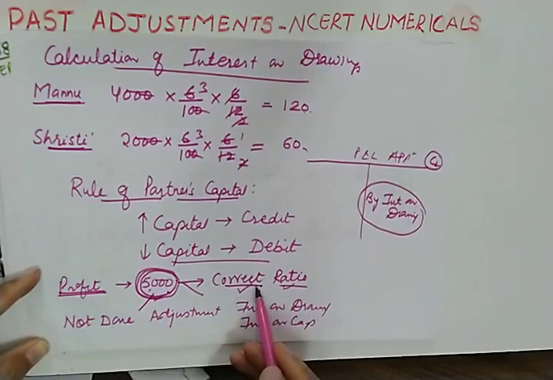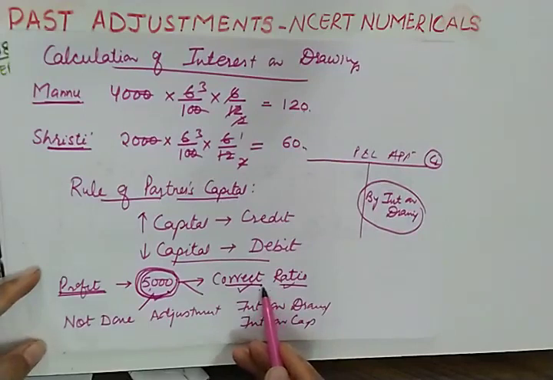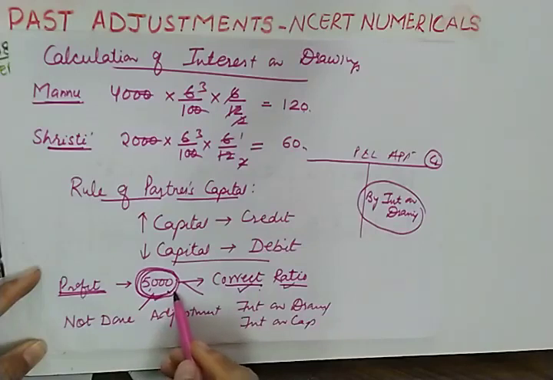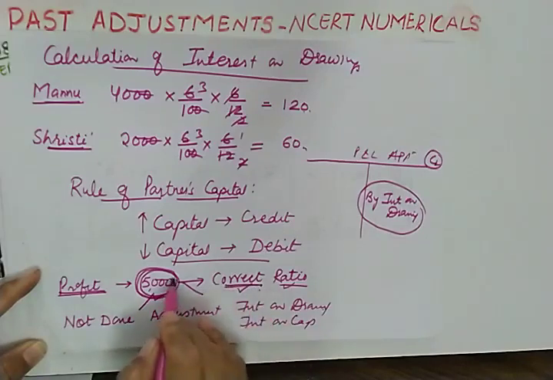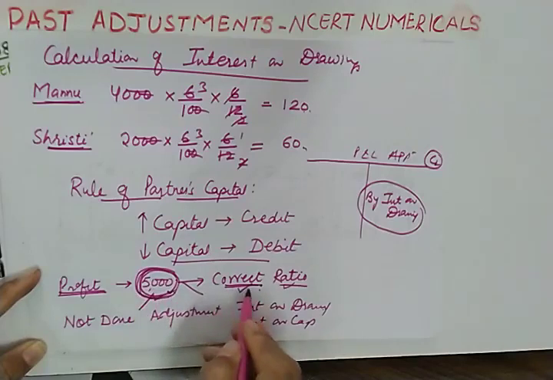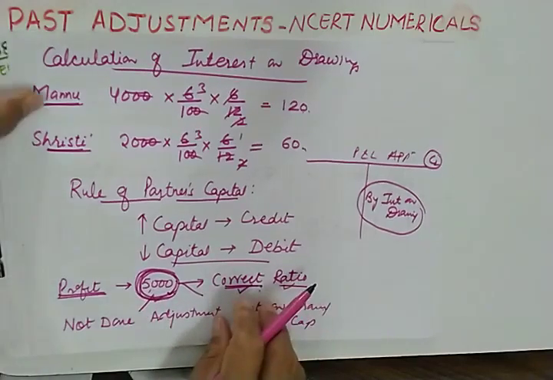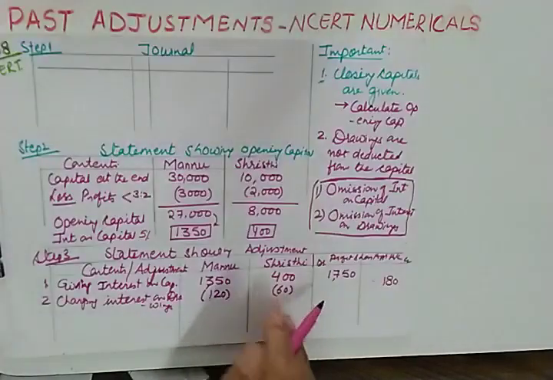But if you take it back, you will get the same result. This is a task for you. But in this case, I am not taking back because it is mentioned that the profit has been distributed in the correct ratio. So let us move.